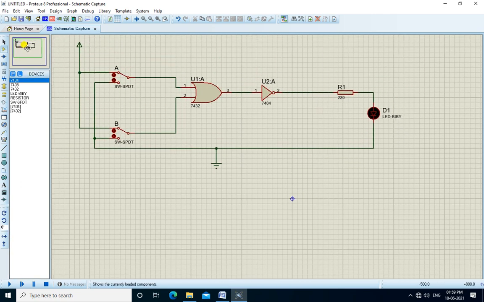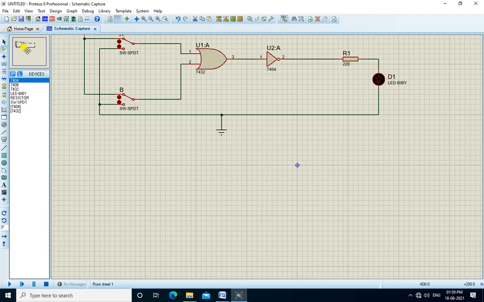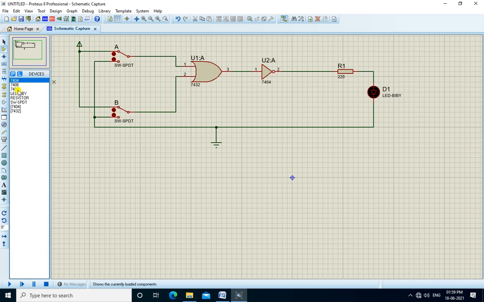Now we will build the second circuit on the same file. We need two NOT gates, and then an AND gate, a resistor at the output and LED.